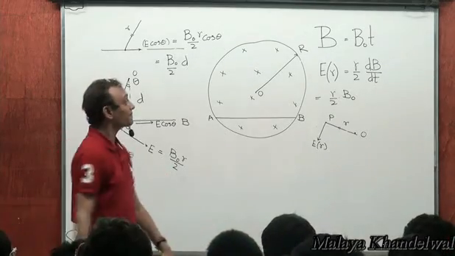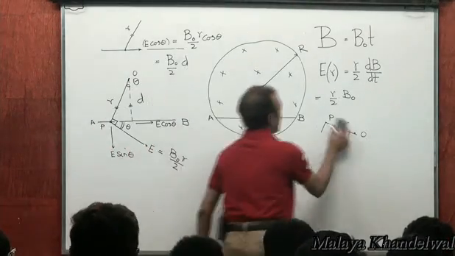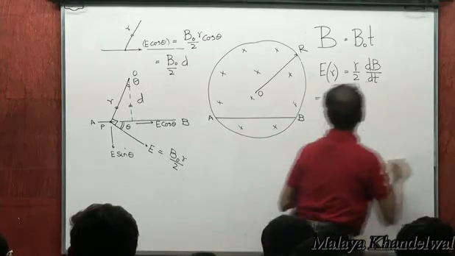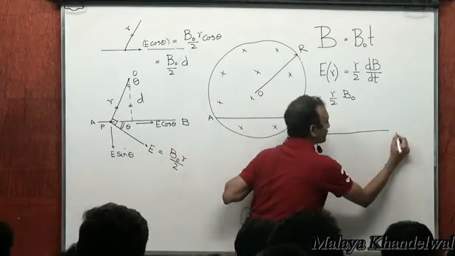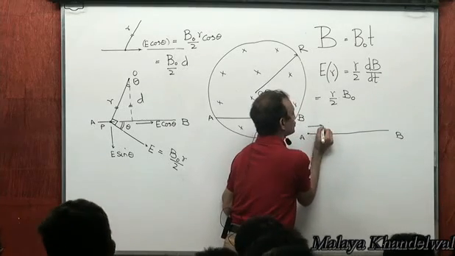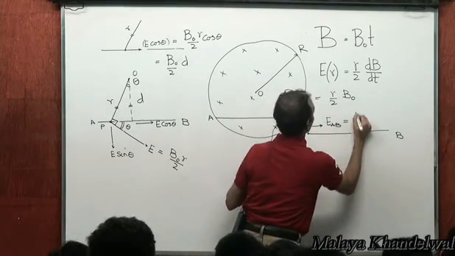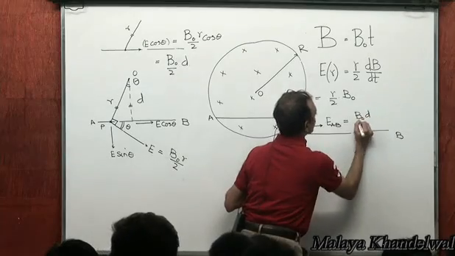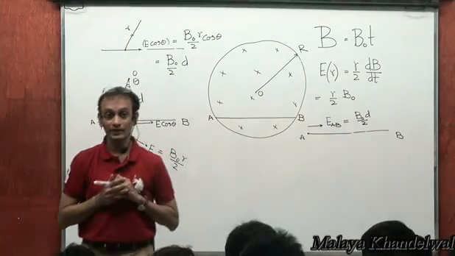Isn't it? Now, having said this, life becomes very simple. From A to B, all that I have to take care of is a uniform electric field along AB, which is B naught D by 2.